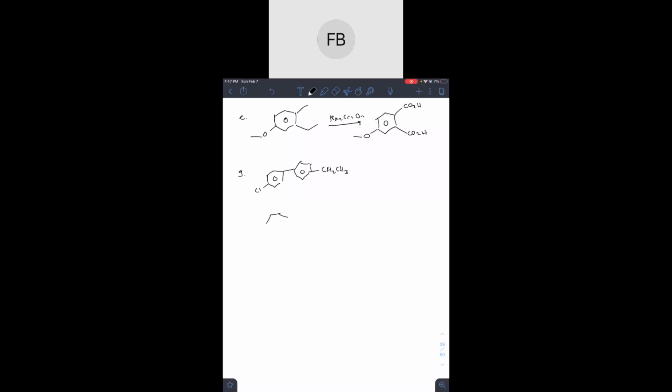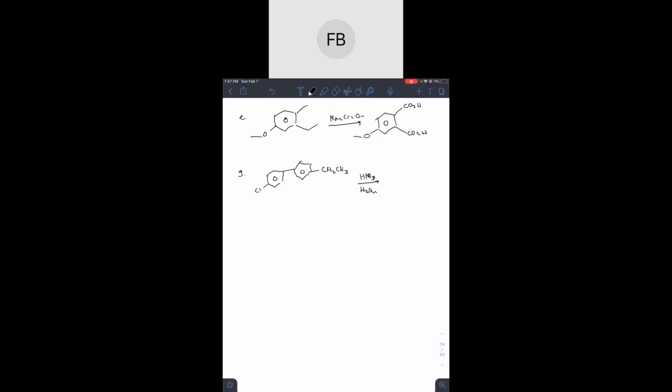I like the point to be at the top. So anyways, we're reacting this with HNO3 and H2SO4. So this is just nitration, and we have to figure out where it is going to go.